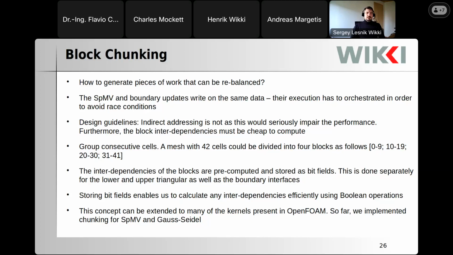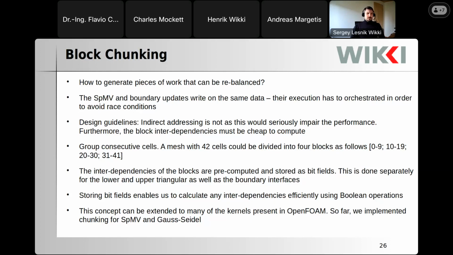And what I came up with here is that this is easy for the big loops. So for a cell loop, you just split it because that is easily parallelizable. But for the more complicated one, and I take SPMV as an example here, what I do is I divide the cells into regions of cells.